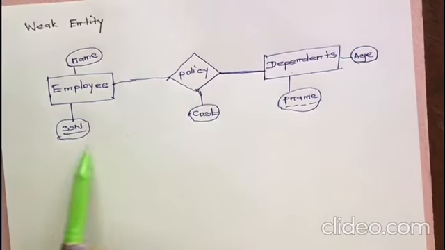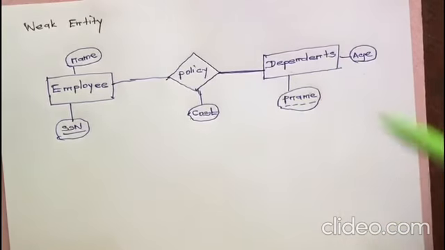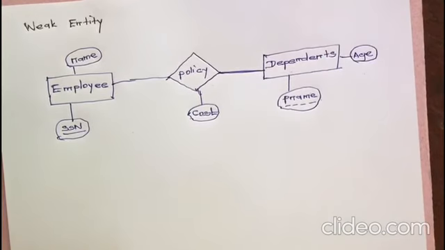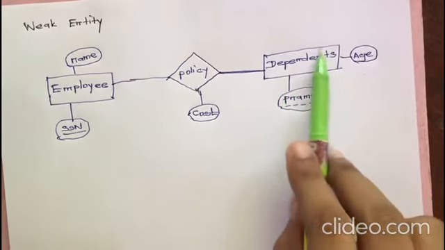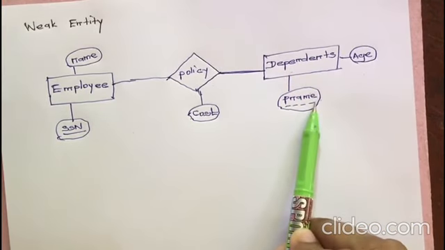To uniquely identify these instances, we cannot only use the pname of the dependents, because if two people have sons with the same name, the pname is not enough to identify it uniquely. Therefore, this is a partial key.